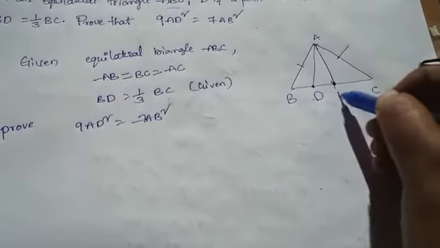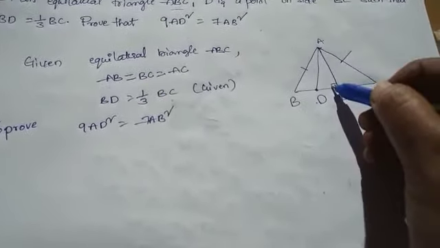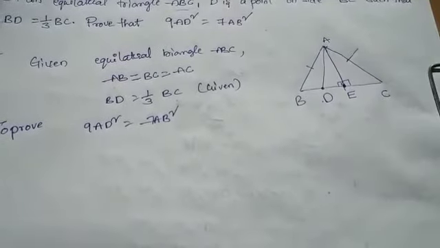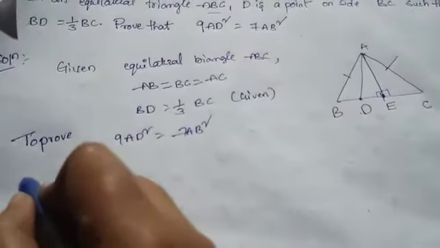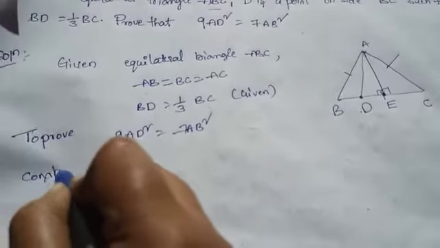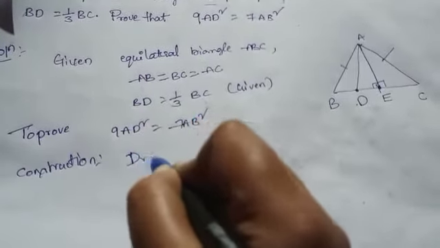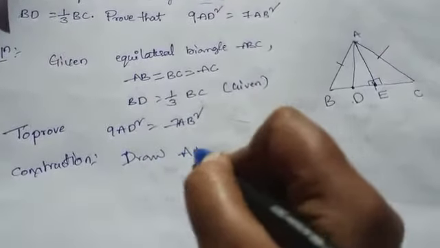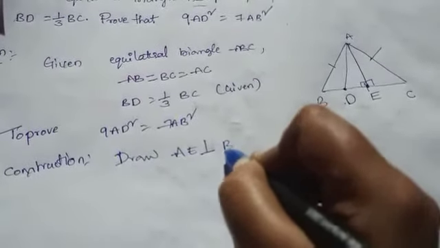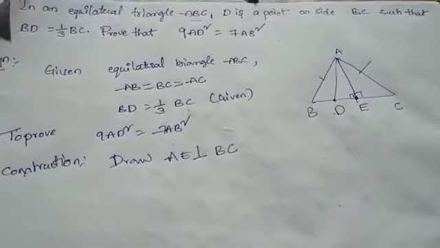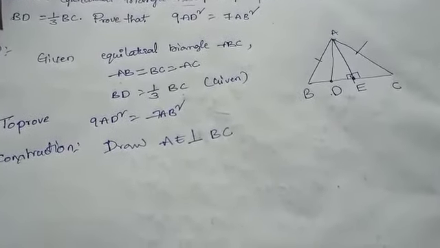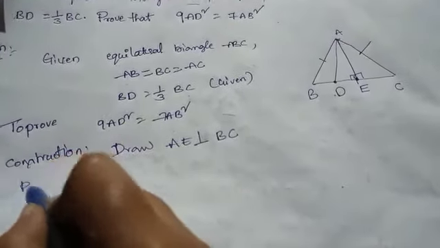This point is E. Draw AE perpendicular to BC. Okay. See proof.